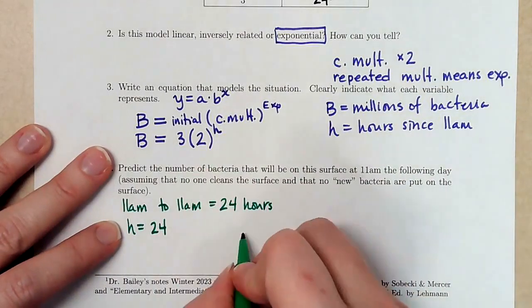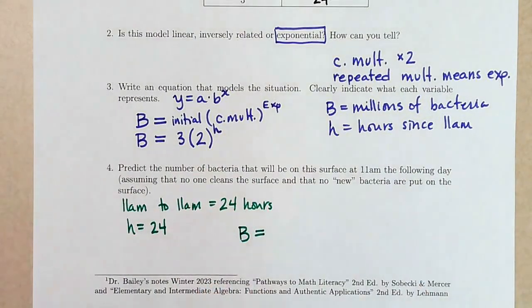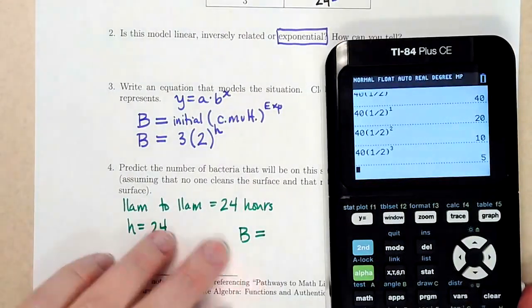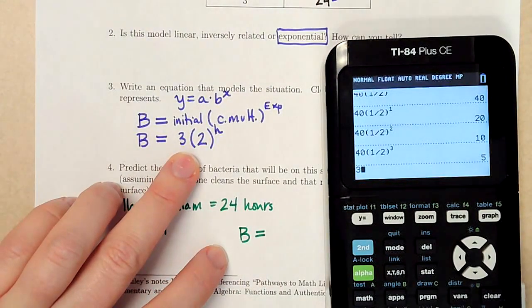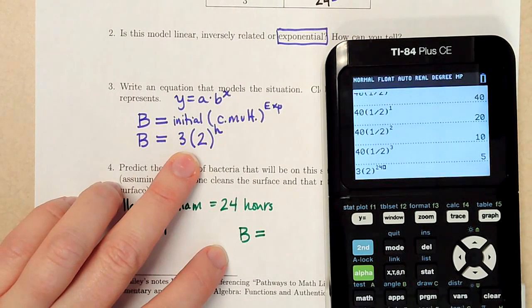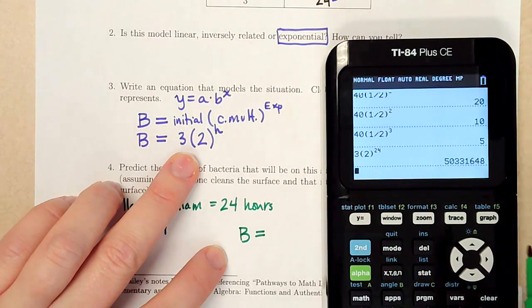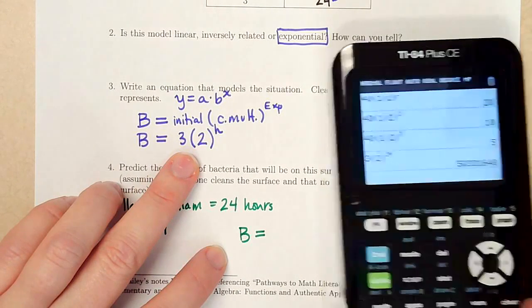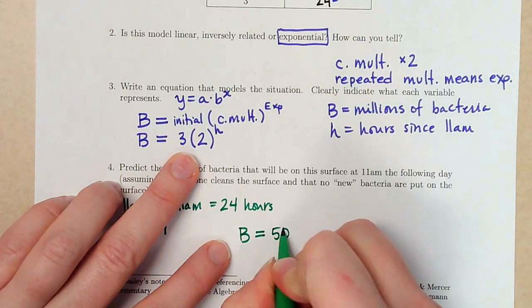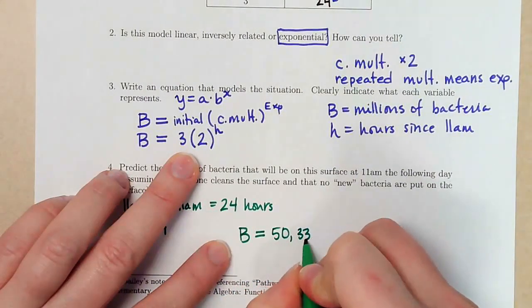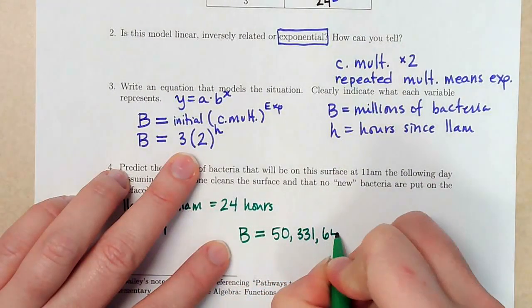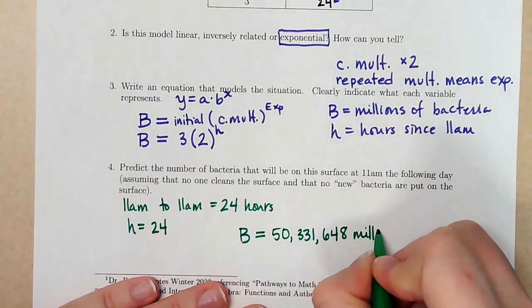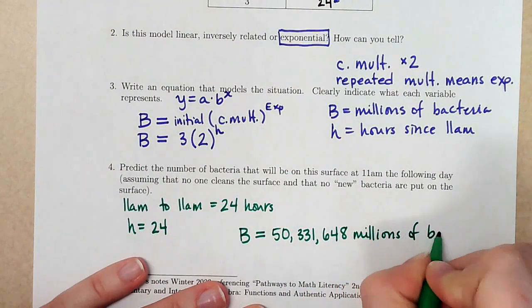So the number of bacteria, B equals 3 times 2 to the 24th power. So hundreds, thousands, millions, 50,331,648 million of bacteria.